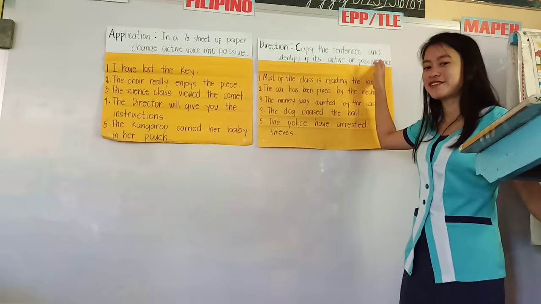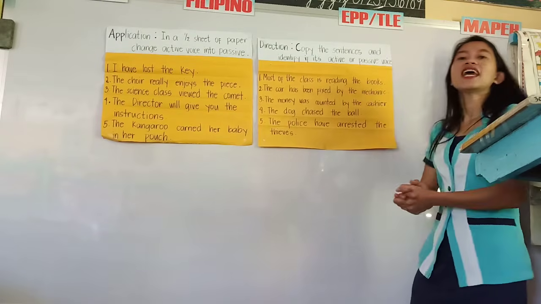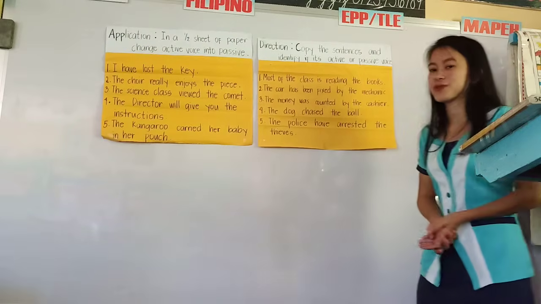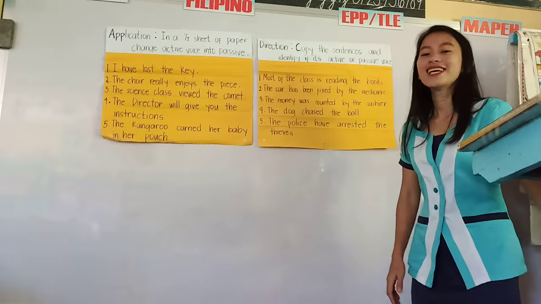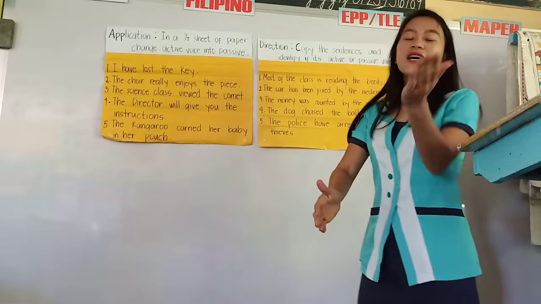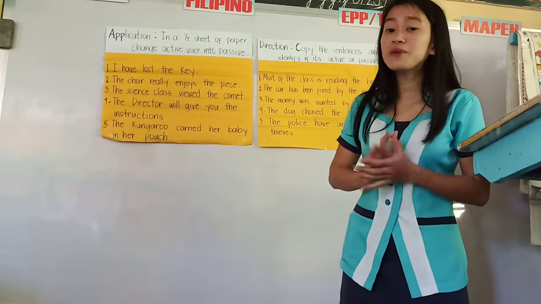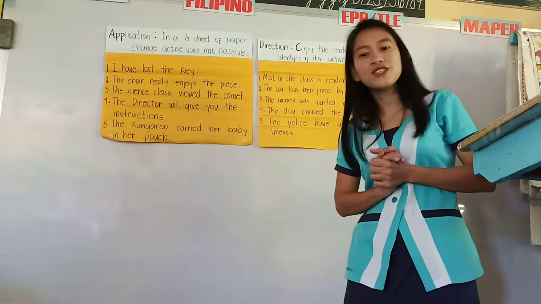Is that clear? Once you're done, please pass your paper. I will be the one to check your answers. Go ahead. Time's up. Please pass your papers in front. All papers are in. I will check your answers.